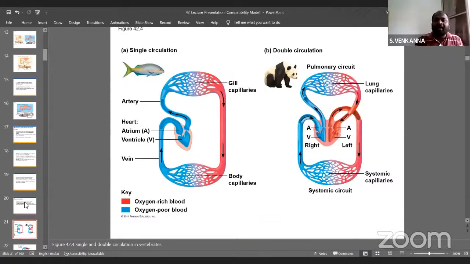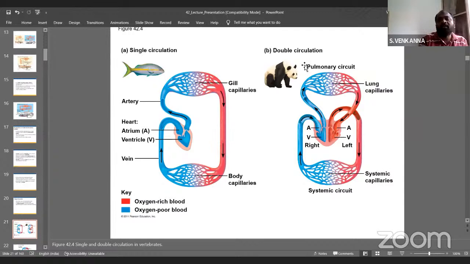Next, observe here a clear picture of single circulation, as in sharks. For example, the blue color is oxygen-poor blood and the red color is oxygen-rich blood. The blue blood has no oxygen, from the heart ventricle, then the gill capillaries and body capillaries.